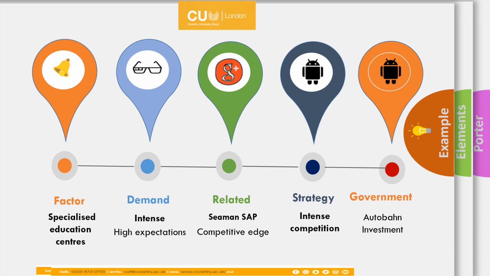And you've got investment into the Autobahn and into the specialized education centers, which support this whole industry. So when you take Porter's determinants individually and combine them all and see how they're all working together, you can see why the German car industry has a competitive advantage over other nations.